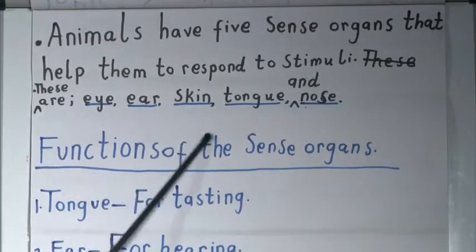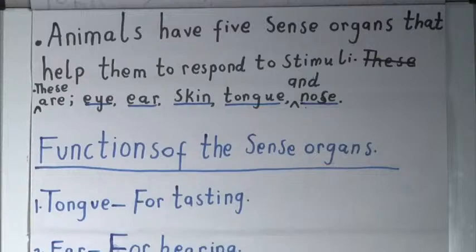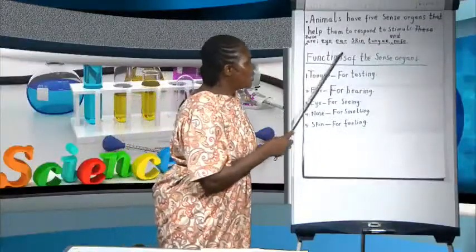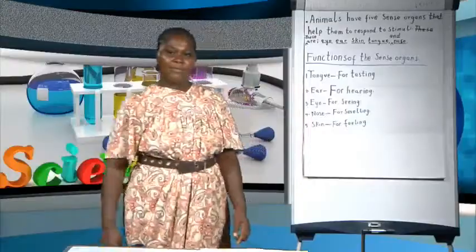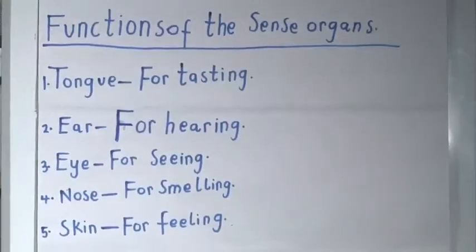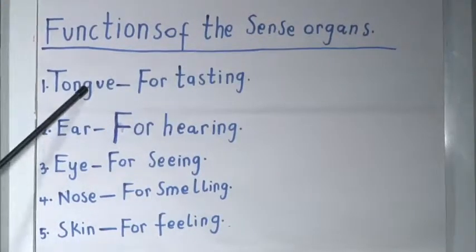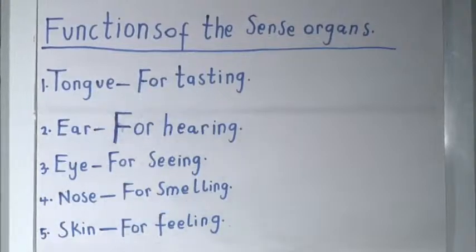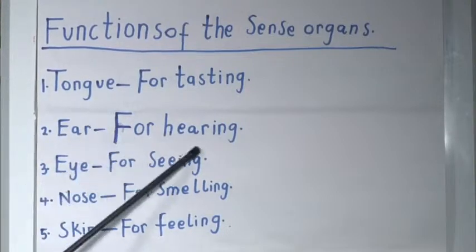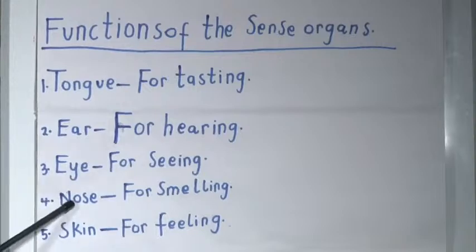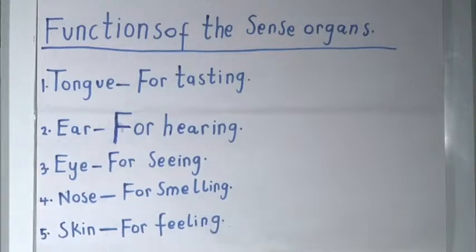Now, what are the functions of the sense organs? You take them one after the other. Tongue for tasting. Ear for hearing. Eye for seeing, nose for smelling, skin for feeling. Learners, you have done very, very well.